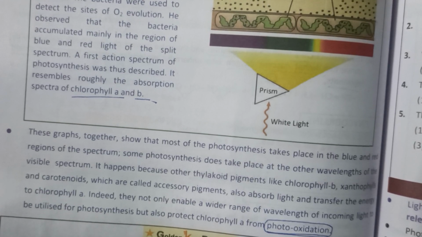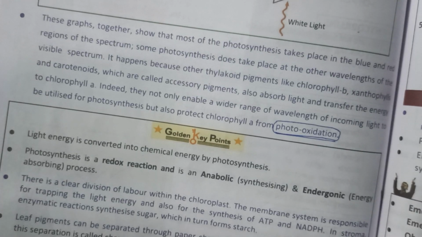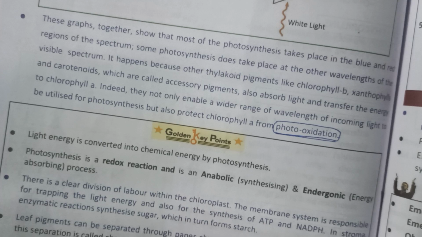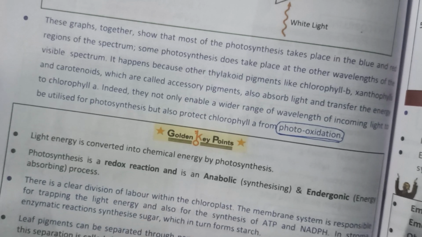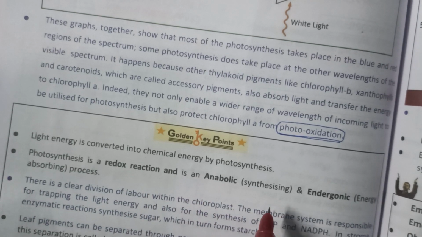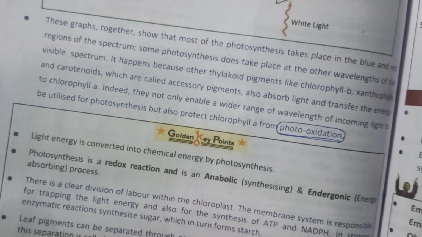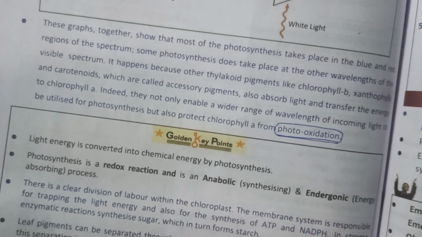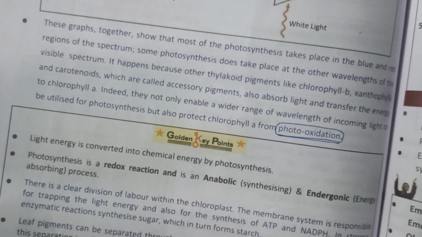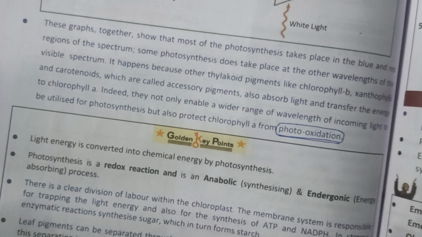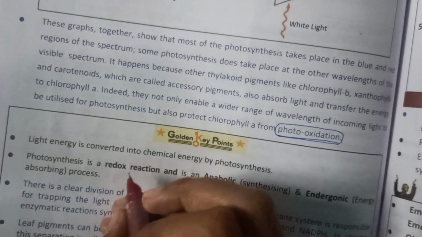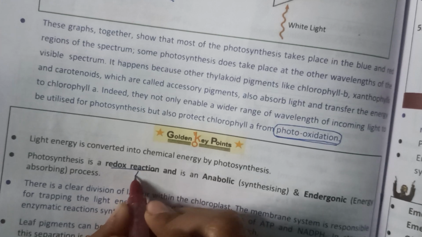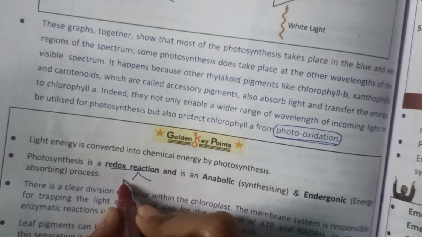From this chapter, what we understood is that light energy is converted into chemical energy by photosynthesis. Photosynthesis is a redox reaction and an anabolic reaction. It is a structure-forming reaction and endergonic, so it absorbs energy. Redox reaction means one has to be reduced, one has to be oxidized.